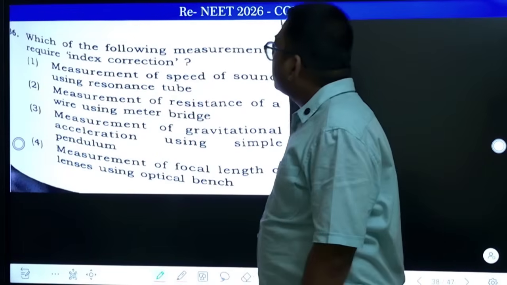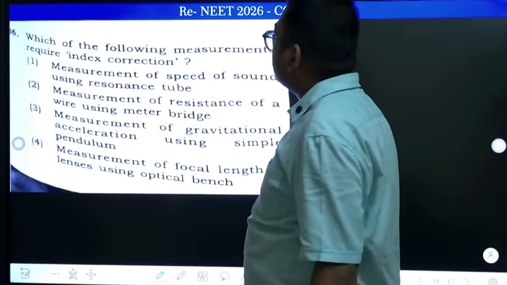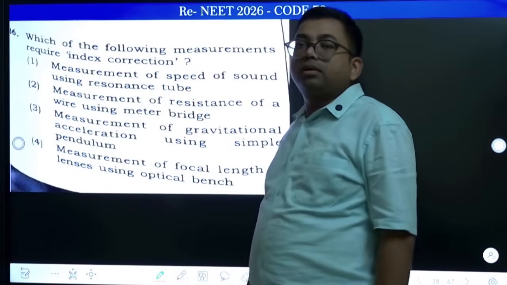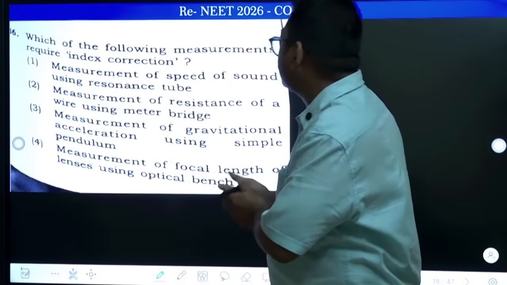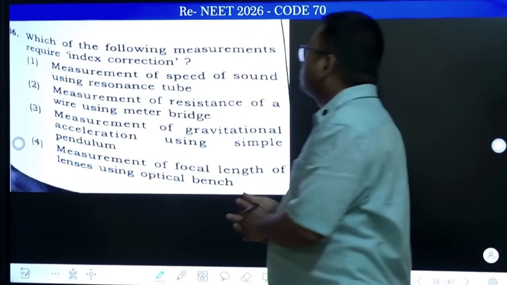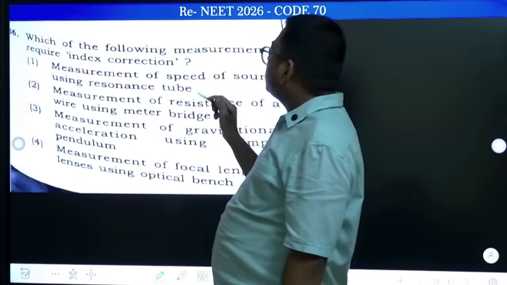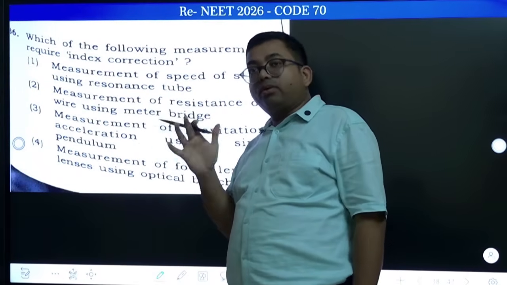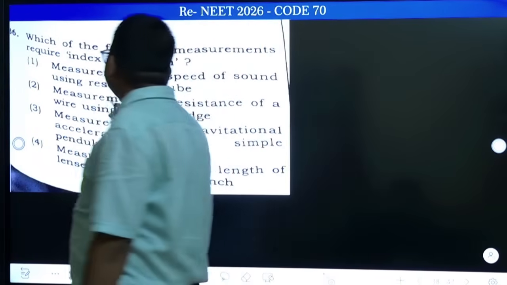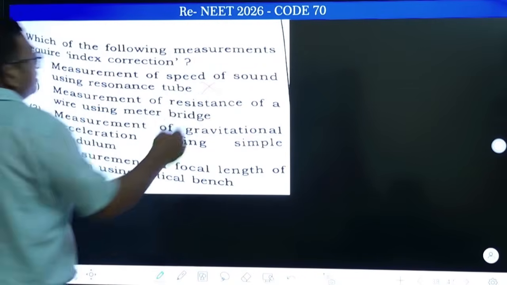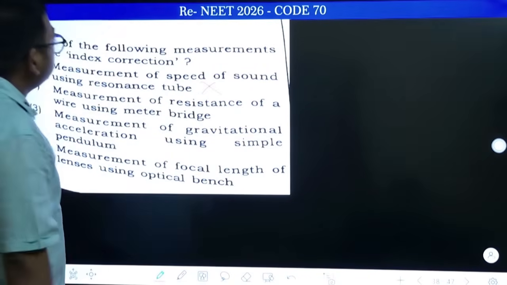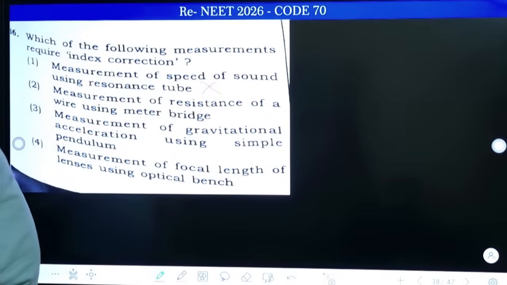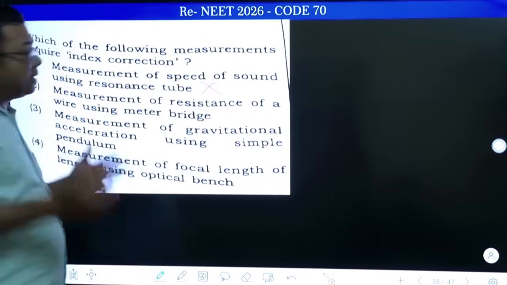Next question. Which of the following measurements require index correction? Index correction, I think it's a practical physics related topic. Measurement of speed of sound using resonance: I think in that we need end correction, not index correction. This is not correct because for the tube, end corrections we do, right? Measurement of resistance, meter bridge, also end corrections are there.